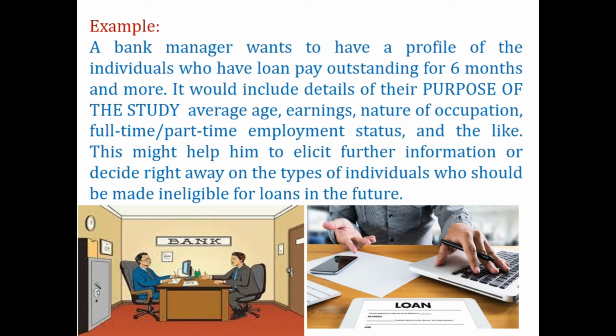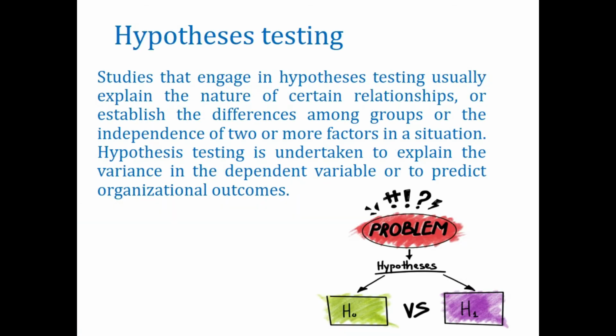This might help him to elicit further information or decide on the types of individuals who should be made ineligible for the loan in the future. If they can collect the information about those particular individuals and take a descriptive way of investigation and conduct a study, that is called a descriptive study.